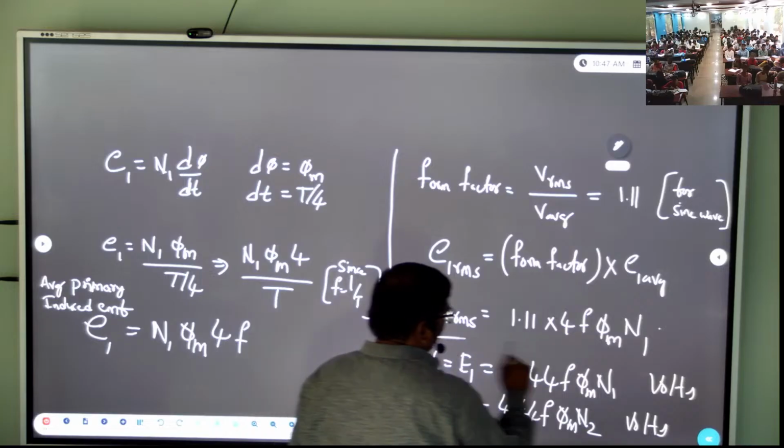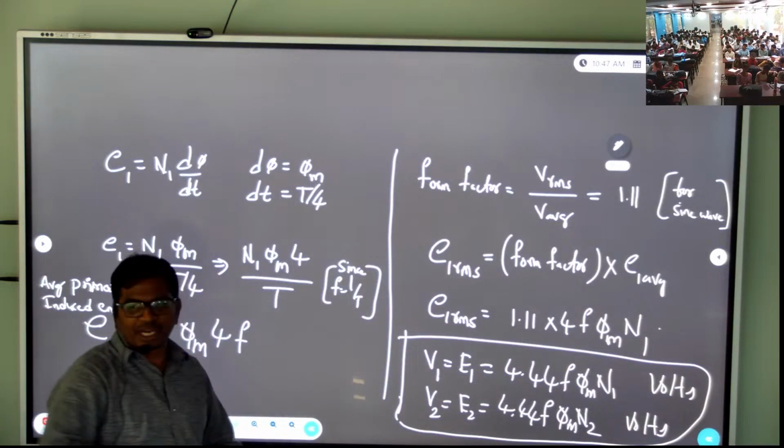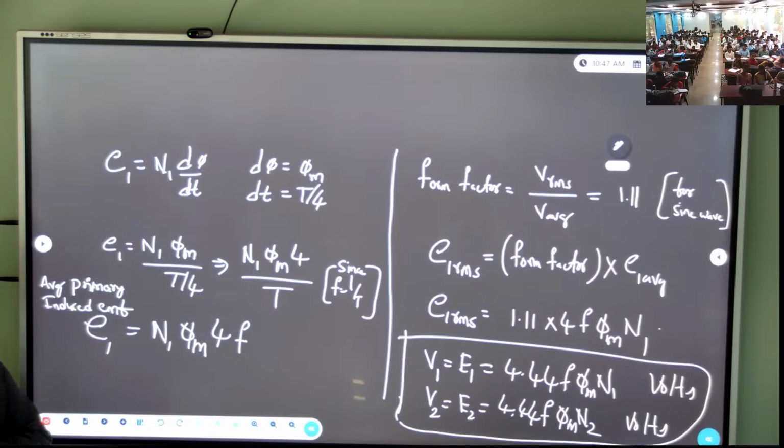This is the EMF equation of the transformer. Primary induced voltage V1 is equal to 4.44 F phi m N1, or secondary induced EMF is 4.44 F phi m N2.